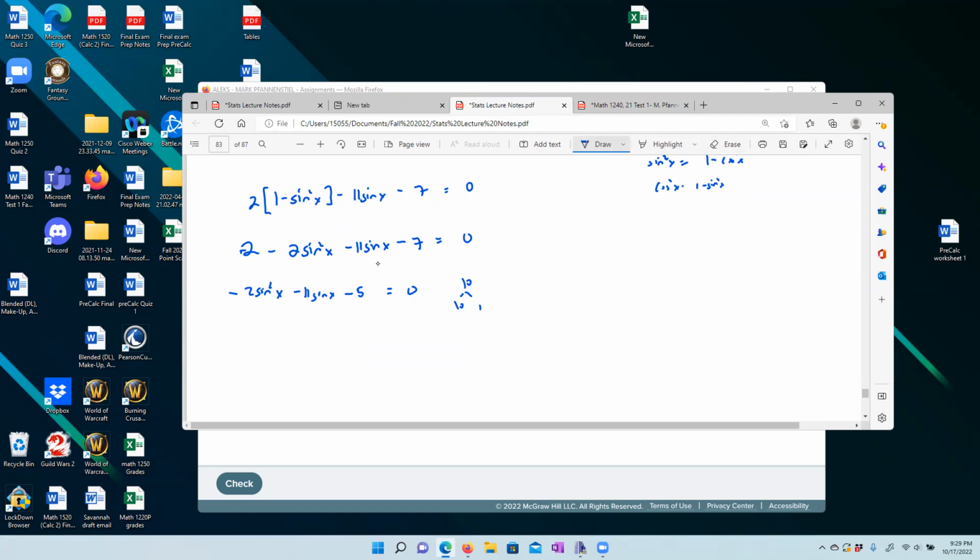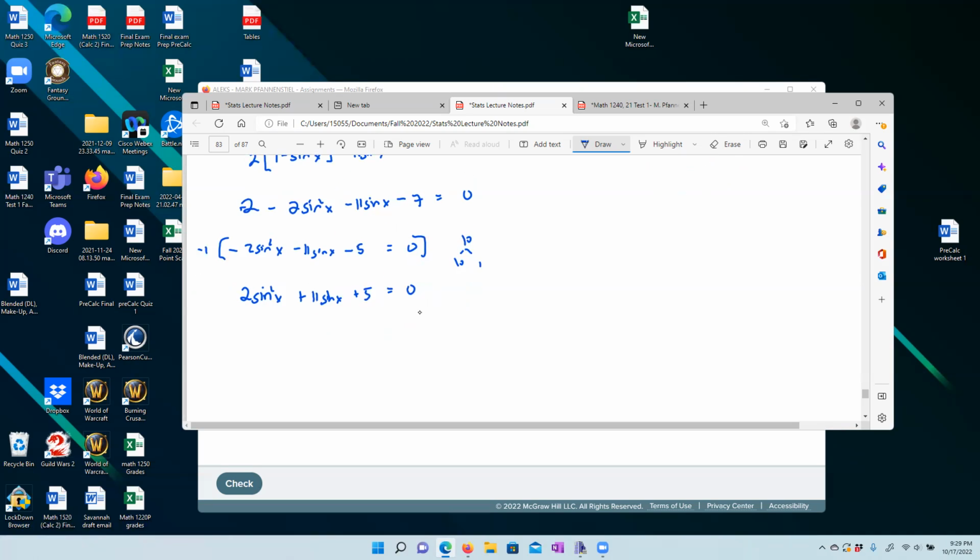I just want to do it this way to limit the number of errors I'm going to make. So 2 sine squared x plus 11 sine x plus 5 is equal to 0. All I did was multiply both sides by negative 1. That's all that happened.